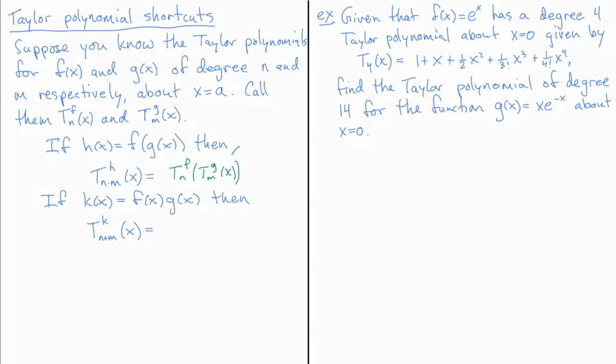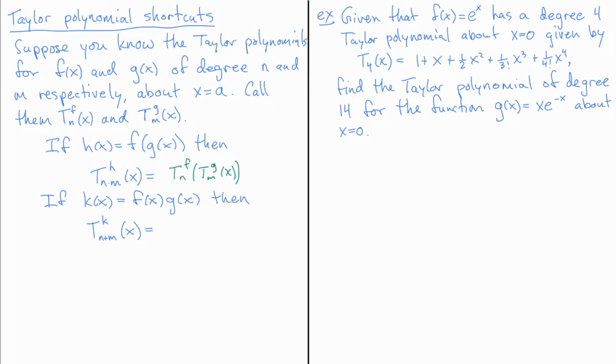And because this one here will have a highest power m, x to the m, when we plug it into the Taylor polynomial of f of degree n, the very last term in the Taylor polynomial of f will be x to the n, and the x gets replaced by a polynomial of degree m, so the total degree of the result is going to be m times n.